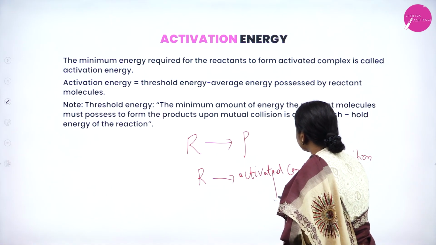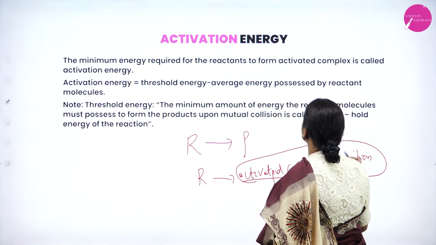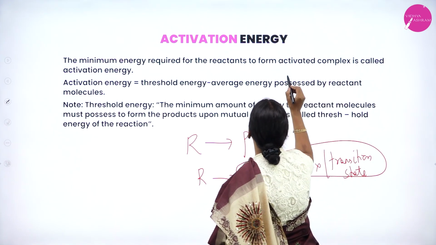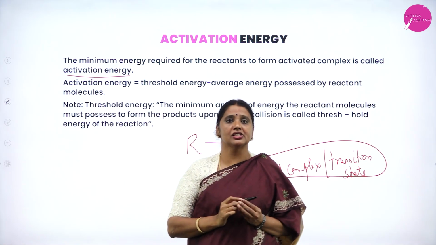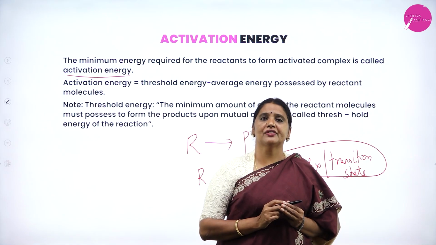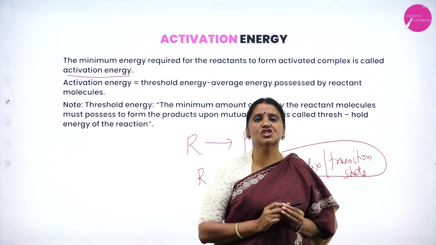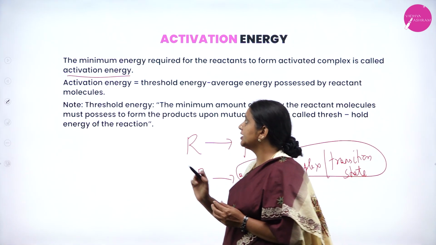This decomposes to give product. To form the activated complex or transition state, it requires minimum energy. That minimum energy is called what? Activation energy. My dear students, what is activation energy? The minimum amount of energy required by the reactants to form the activated complex is called activation energy.